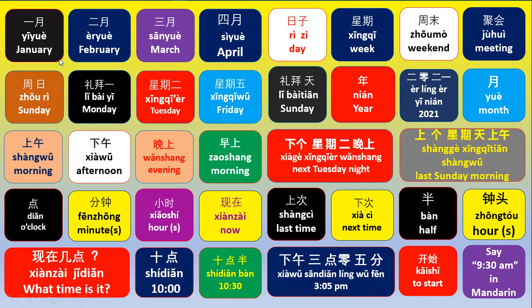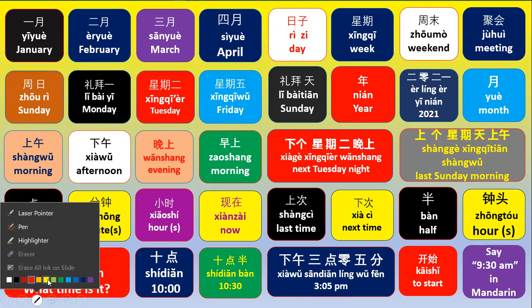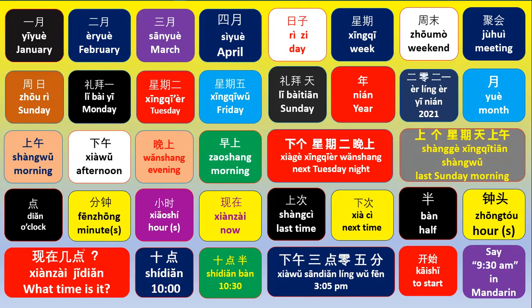Okay, this one will be very fast because we've done it already. Ah, nice. Look at that. January. I just want to hear answers. Good. February. Correct. March. Very good. April. 4月, very good.